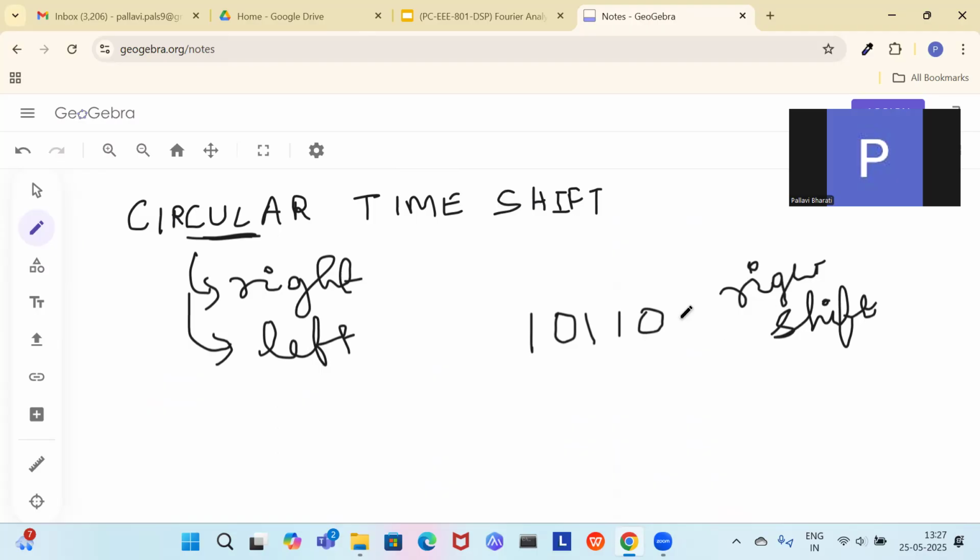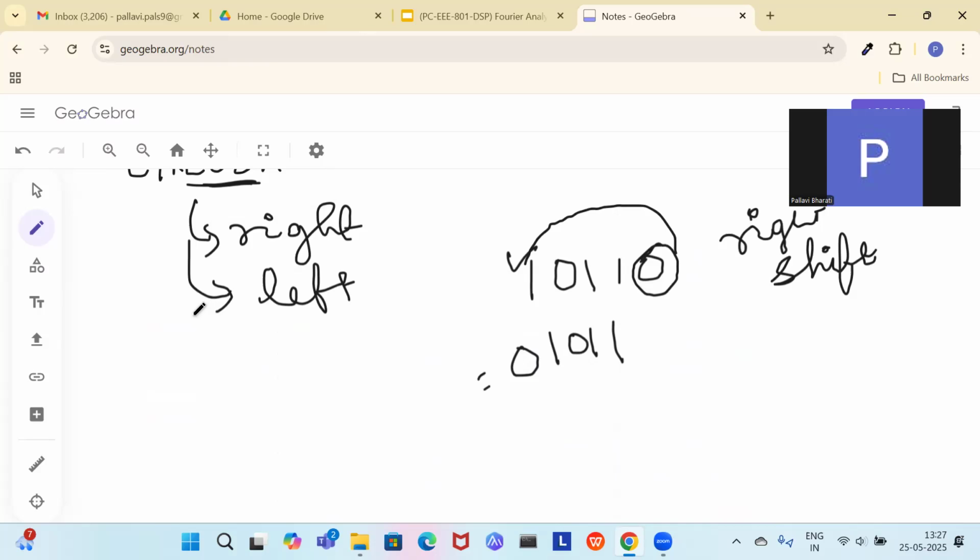When we are doing the right shift, we will take out the last one and put it in the first place. So it becomes 0, 1, 0, 1, 1. If you were doing left shift on the same value, 1, 0, 1, 1, 0, you will take out the first value and put it at the last. So it will become 0, 1, 1, 0, 1. This is left shift.